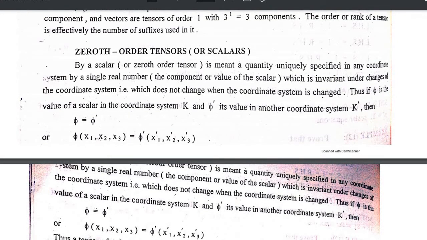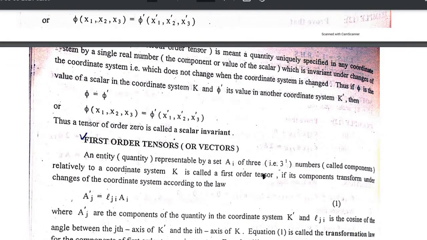These are tensors without any direction, so we can call them scalars. Scalars are the tensors with zero rank. So scalars are those tensors which have 0 as their rank.